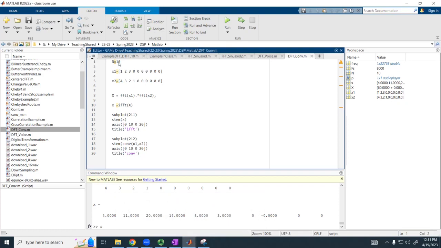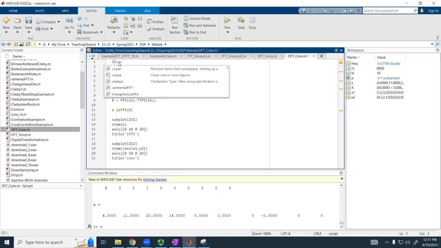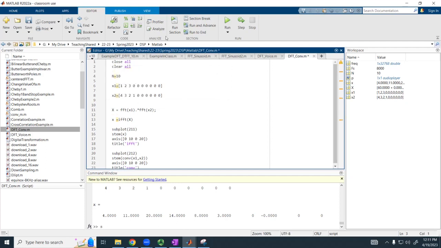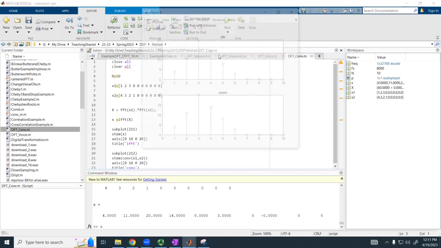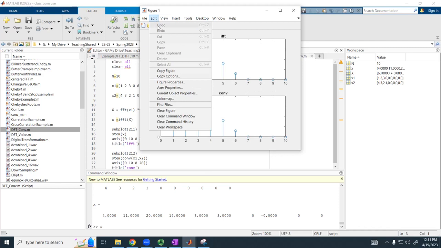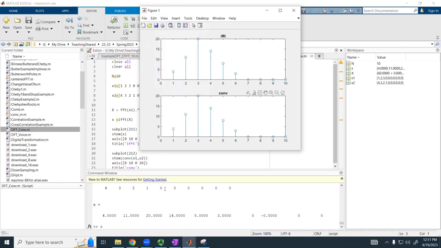You should always clear all and close all. Both of them give me the same results. Make sense?